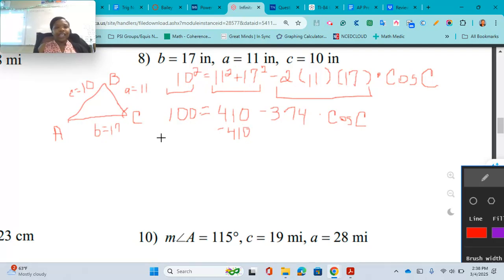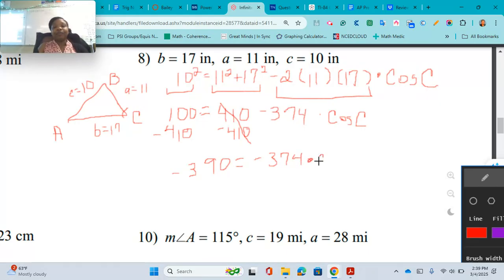All right, what we do to one side, we have to do to the other side. 100 minus 410 is negative 390 equals, what do we have left? Negative 374 times the cosine C.